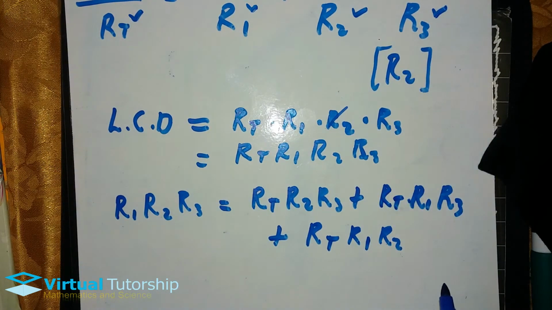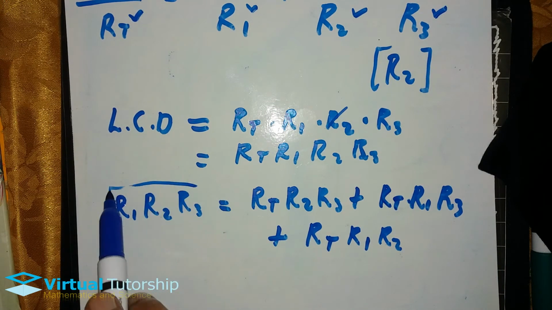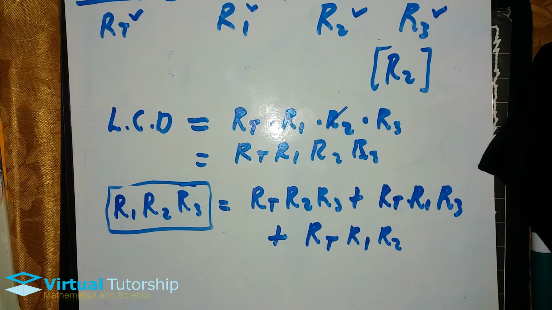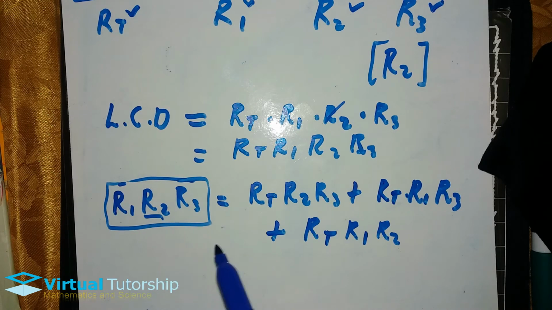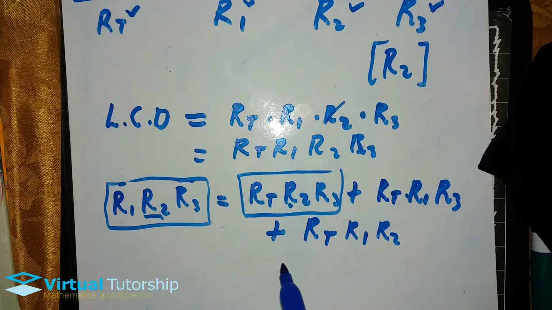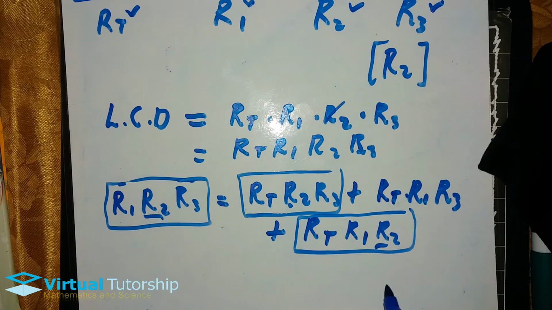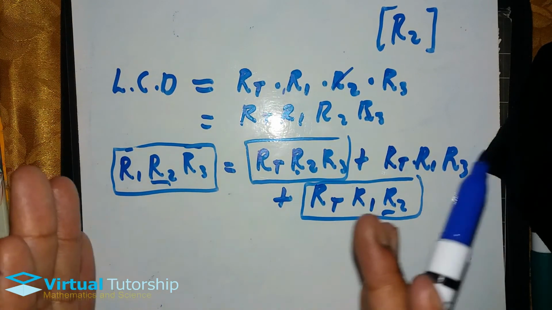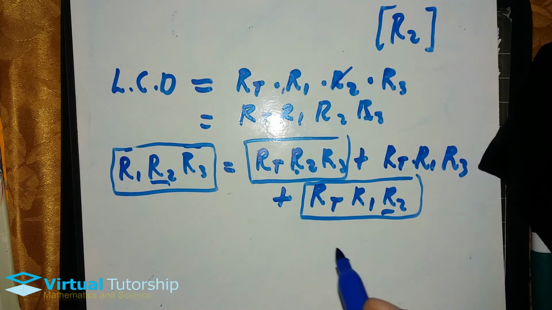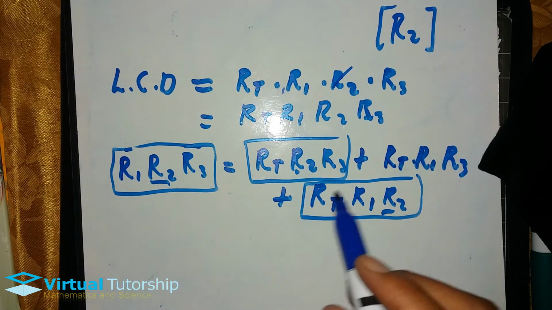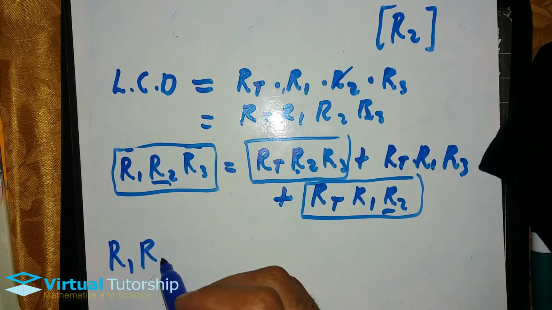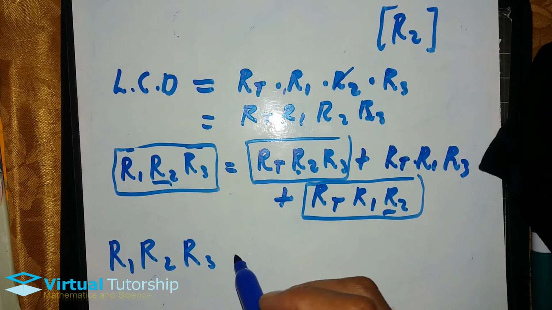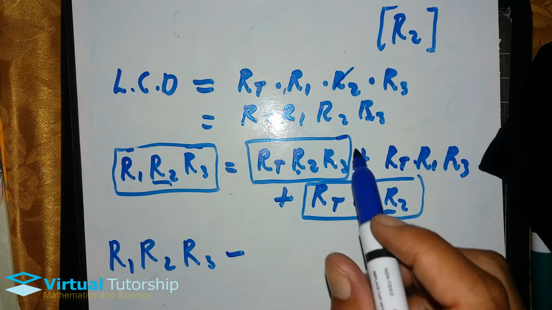Remember, I want to make R2 the subject of the formula. So every term that has R2 I must group by themselves. Look, I see R2 here, in this term I see R2, and in this term I see R2. So I will group them on one side. Let's bring them here and group them on the left hand side of the equation. It will be R1, R2, R3. You will understand in a moment why I say we must group them on one side.